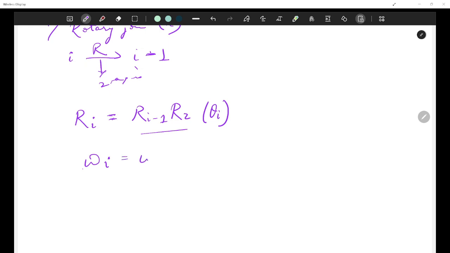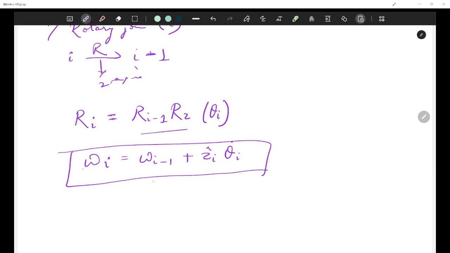Omega i is omega i minus 1 plus z i hat theta i dot, right? This is really important, and from here we see that angular velocity accumulates. Okay, each revolute joint adds its rate about the fixed axis.